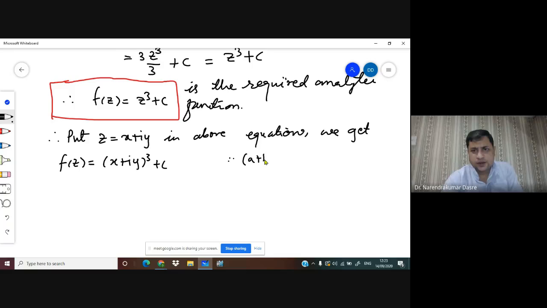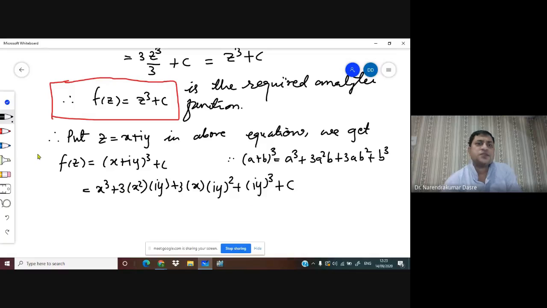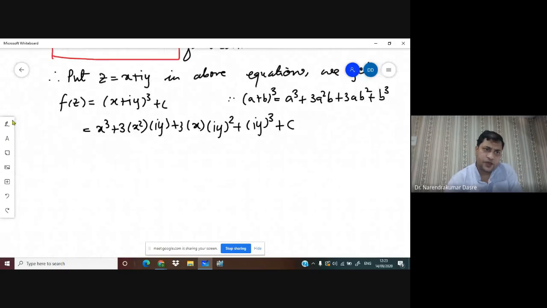Since I know that (a plus b) cube is a cube plus 3a square b plus 3ab square plus b cube, simplifying gives x cube plus 3x square iy plus 3x iy square plus iy cube plus c.